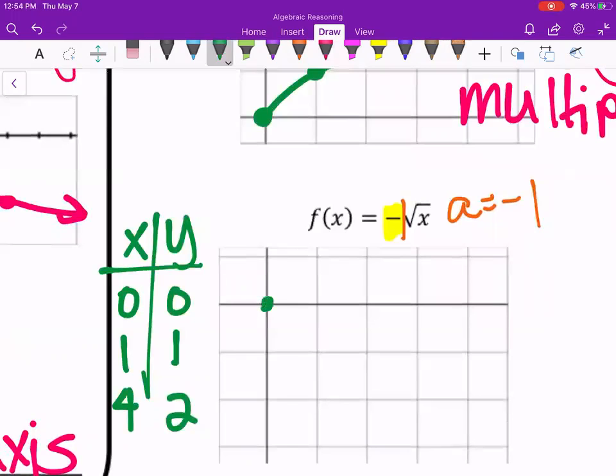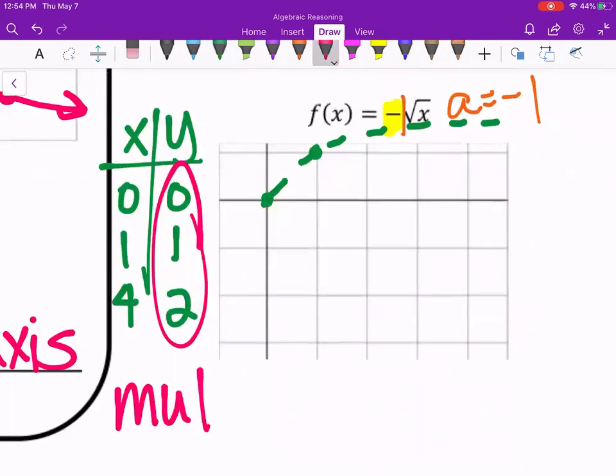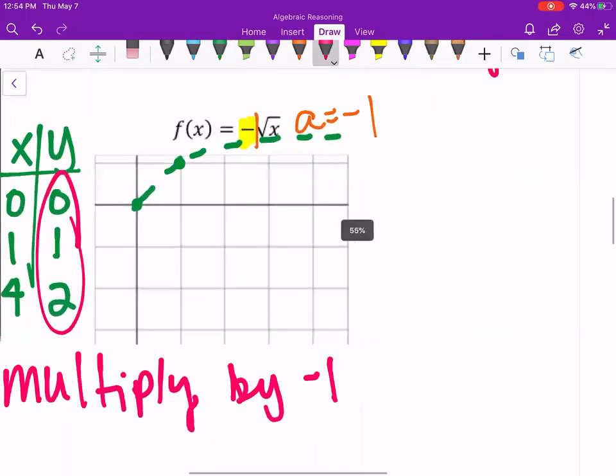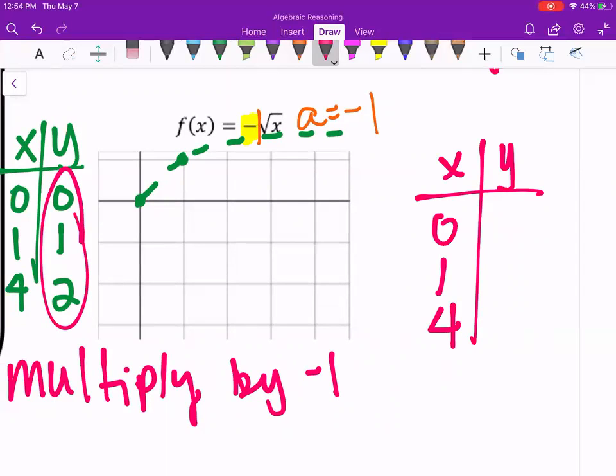I'm going to go ahead and just for the moment squeeze in what I can. There's the top side of that, the A positive side. We're going to take all of these Y numbers and multiply by the negative 1. So my new points that I'm going to graph: 0, 1, 4 stays the same. 0 times negative 1, guess what?